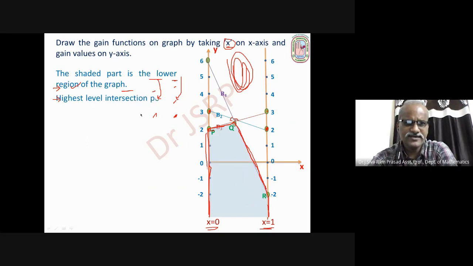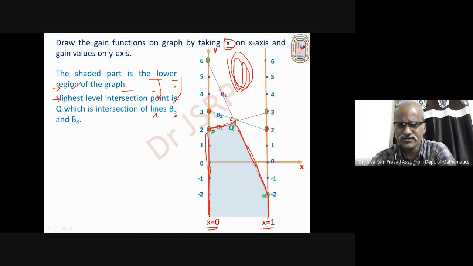The highest level intersection point is Q, which is the intersection of lines B3 and B4. This point is the intersection of this line, B4, and this line, B3.